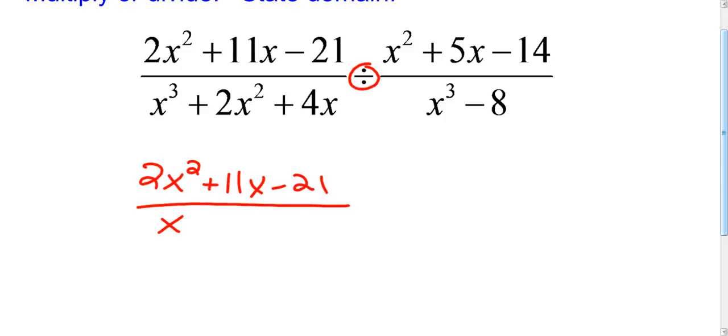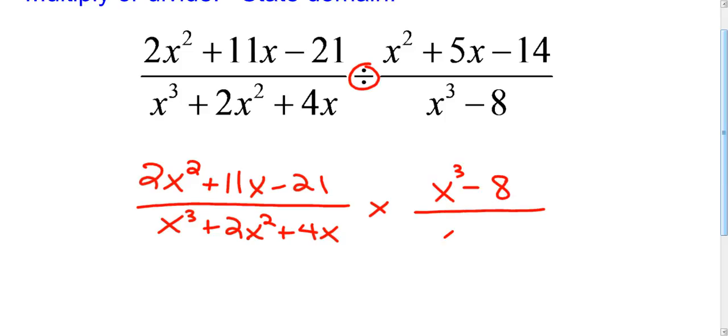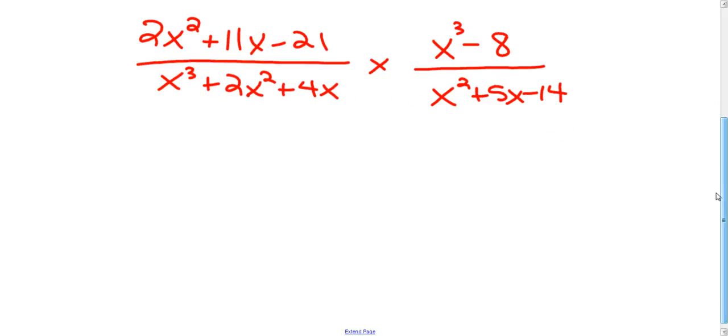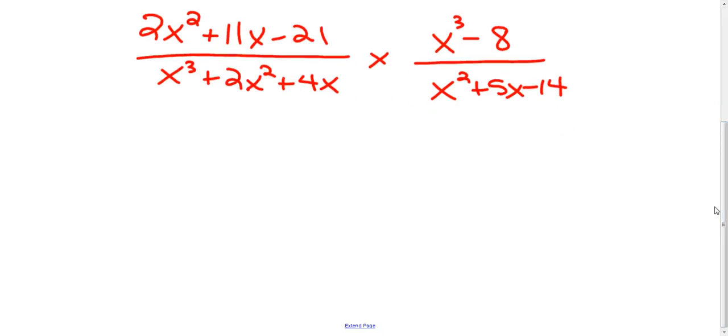The first fraction will stay as is. But for the second fraction, I switch the top and the bottom. So this becomes x cubed minus 8 over x squared plus 5x minus 14 instead. So that second fraction gets made into a reciprocal.